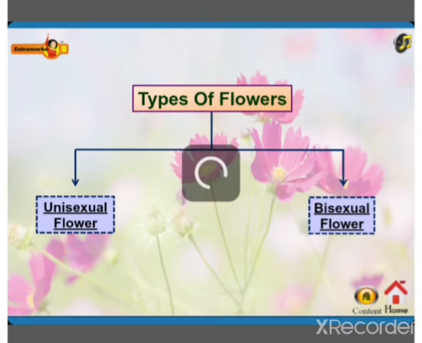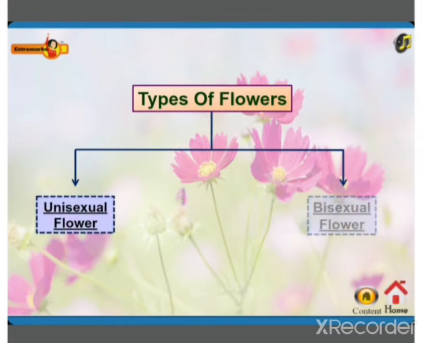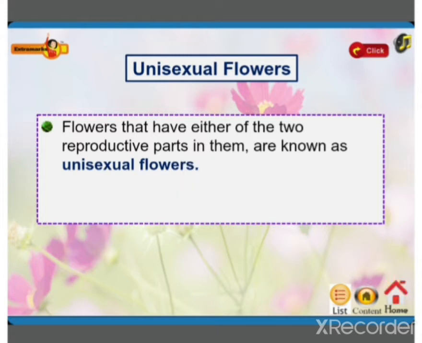Flowers can be classified into 2 types: unisexual flowers and bisexual flowers. Firstly, we define the unisexual flowers.